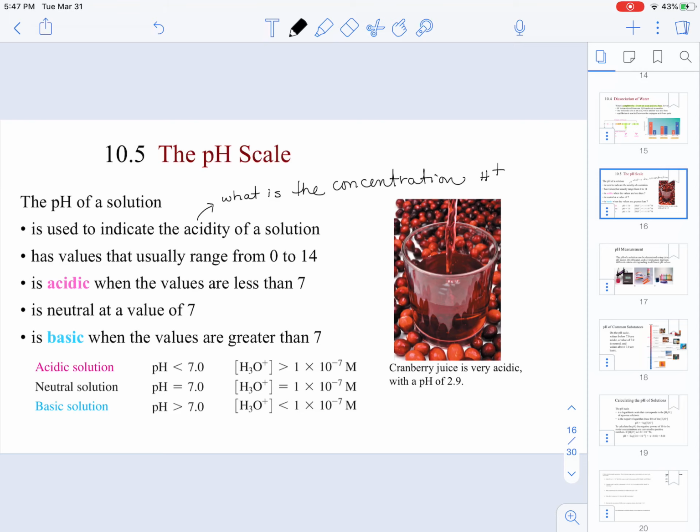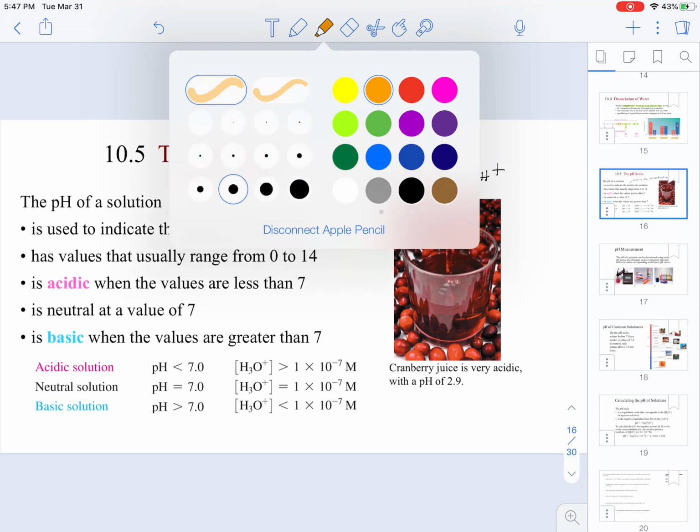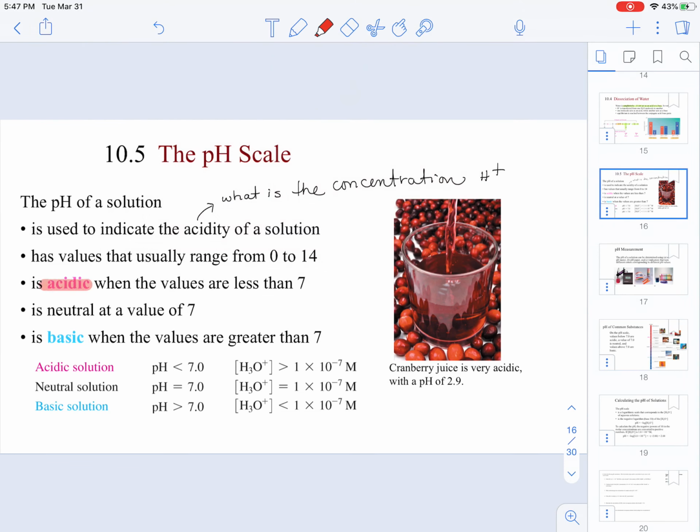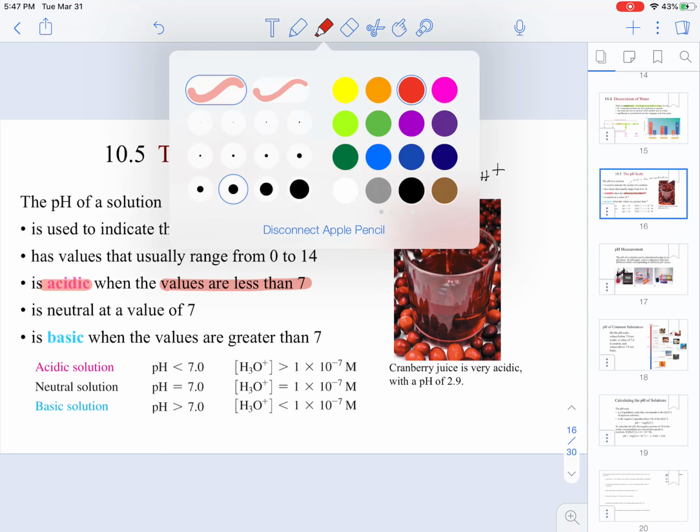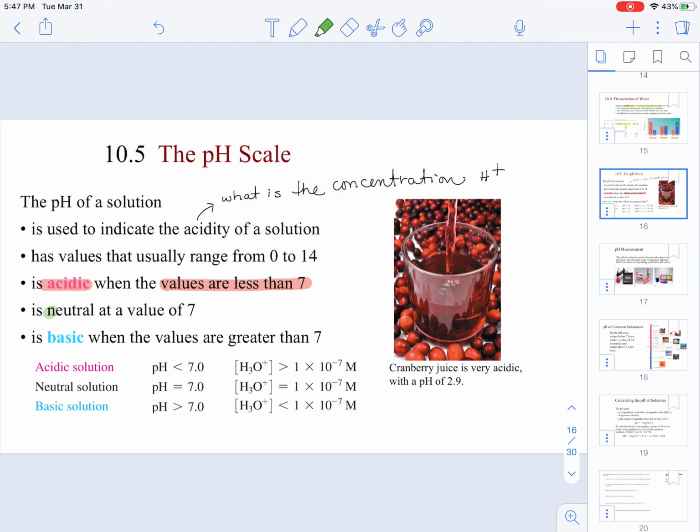So anytime that we have something that is acidic, it is going to have a pH value that is less than 7. Anything that is neutral is going to have a pH value of 7. And anything that is basic is going to have a value that is greater than 7.